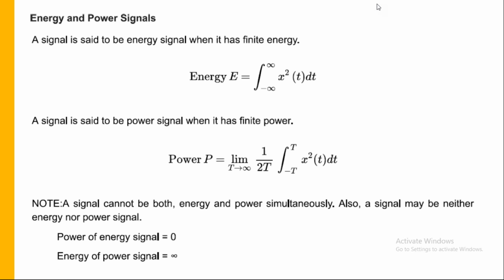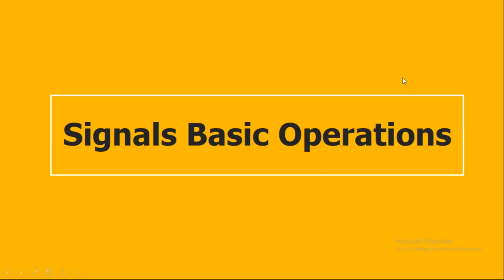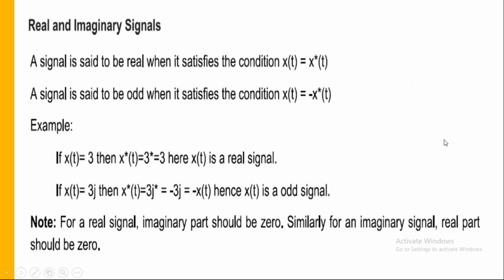Then we'll go to the next one, which is real and imaginary signals. I think you will understand this. To represent real and imaginary signals, you need to understand the concept of complex variables.